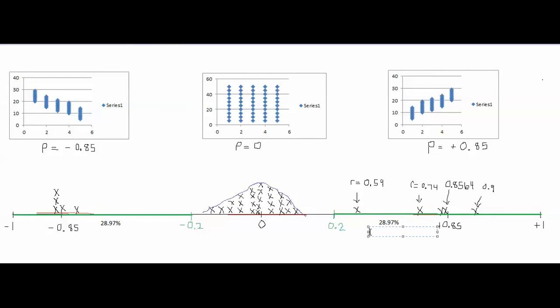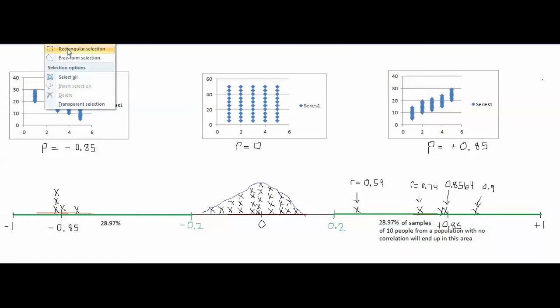So this is actually 28.97% when 28.9% of samples of 10 people from a population with no correlation will end up in this area. And the same thing is true out here.